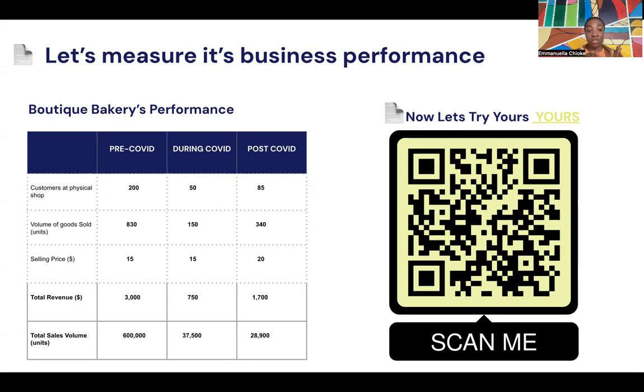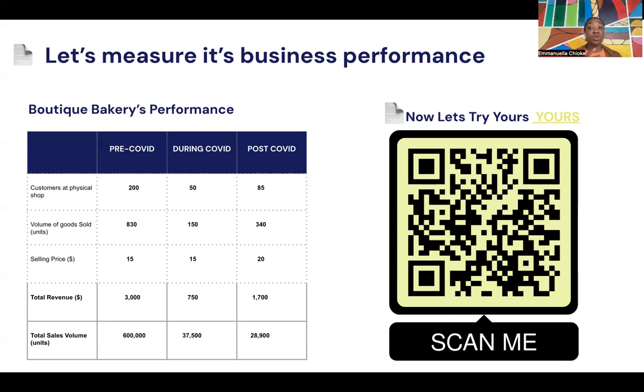With this information, we can calculate their total revenue, and we can also calculate their total sales volume. Their total revenue here puts them at $3,000. And their total sales volume, which means the total volume of all of the boxes of glazed donuts that they've sold, is about 600,000 units, which is very close to 1 million from a business point of view.